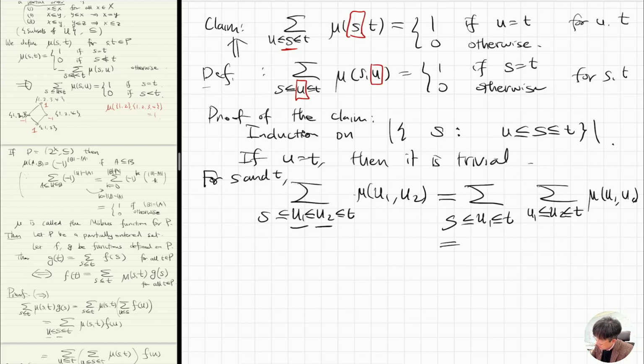And in this case, we know that this part is fixed, right? And then by definition, this sum is 1 if U1 is equal to T and 0 otherwise. So the only place where this sum is non-zero is when U1 is equal to T. So the whole thing is equal to, the only place where it survives is when U1 is T. So it's mu of T comma T, which is 1.